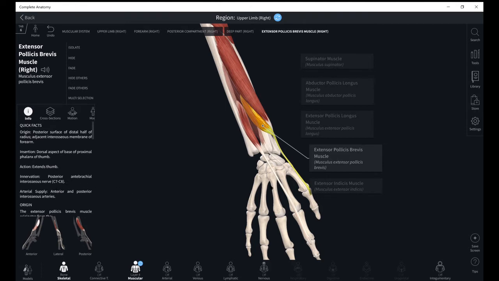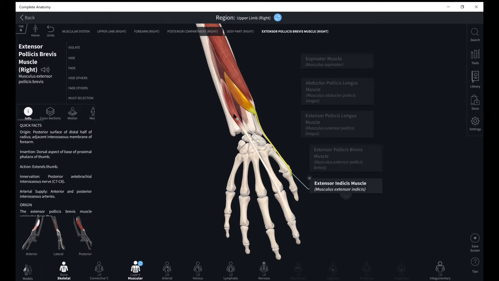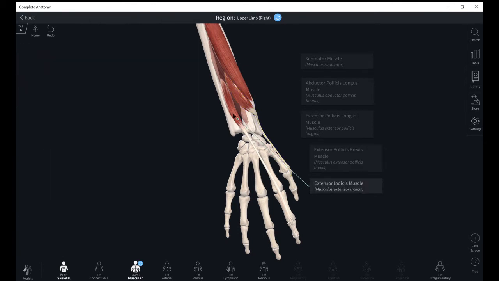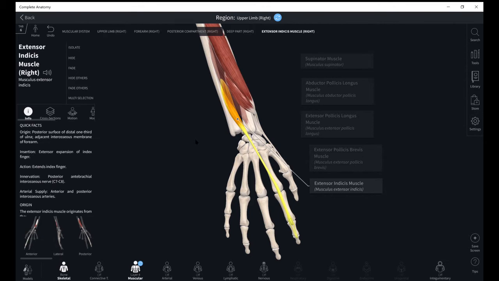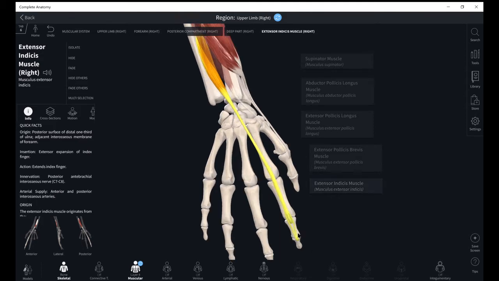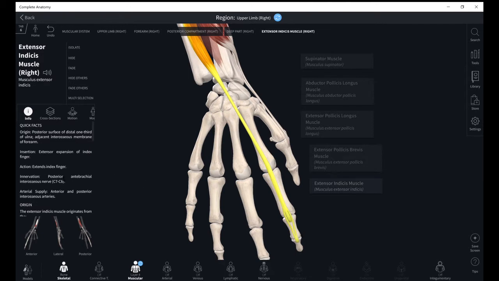Again, it's C7, C8. And then lastly, the extensor indicis. Get that highlighted, which has its origin on the posterior surface of the distal third of the ulna and the interosseous membrane. It inserts into the extensor expansion of the index finger, so way out here. It extends that index finger, and again, innervation is through the posterior antebrachial interosseous nerve, or C7, C8.